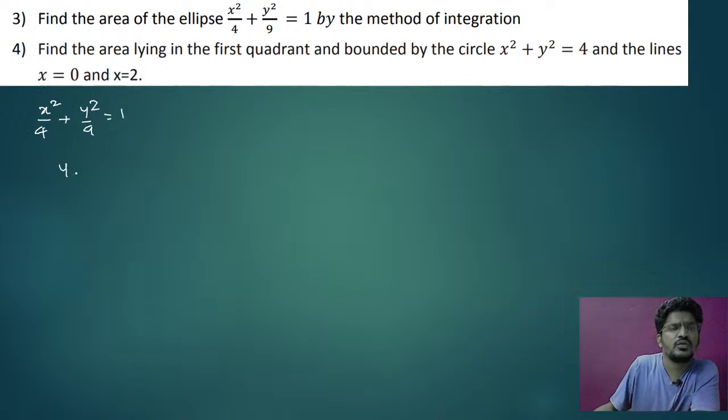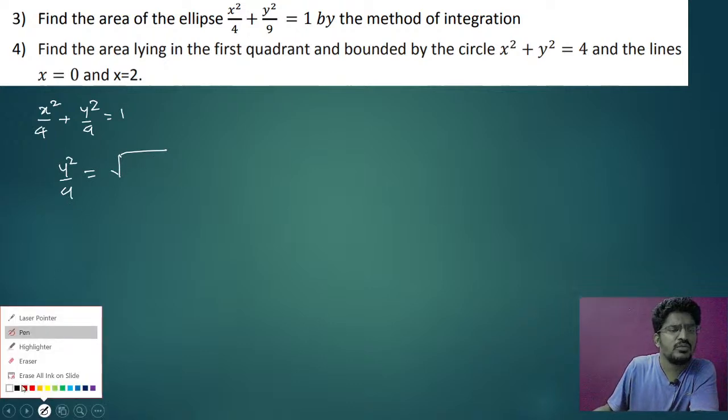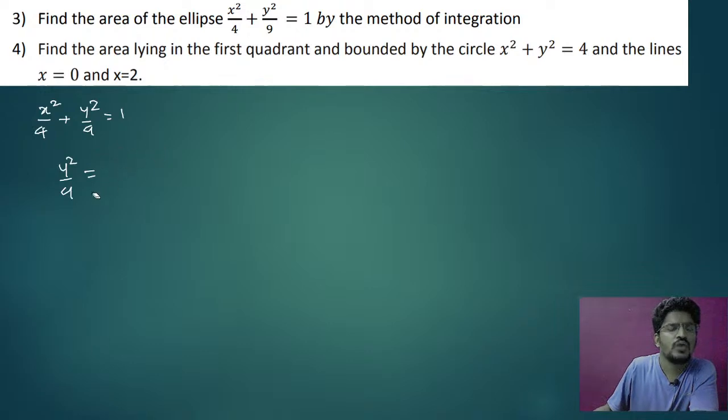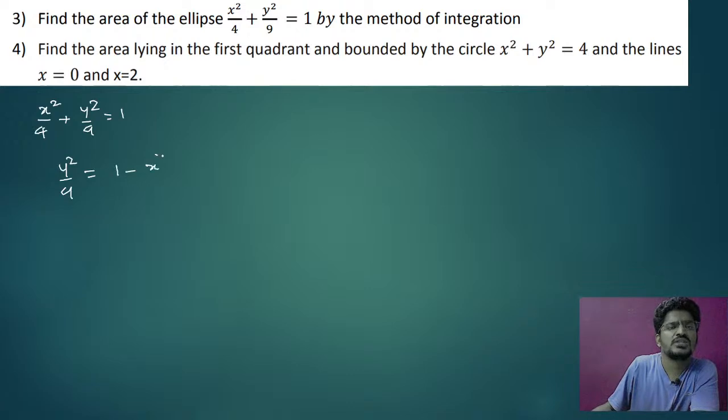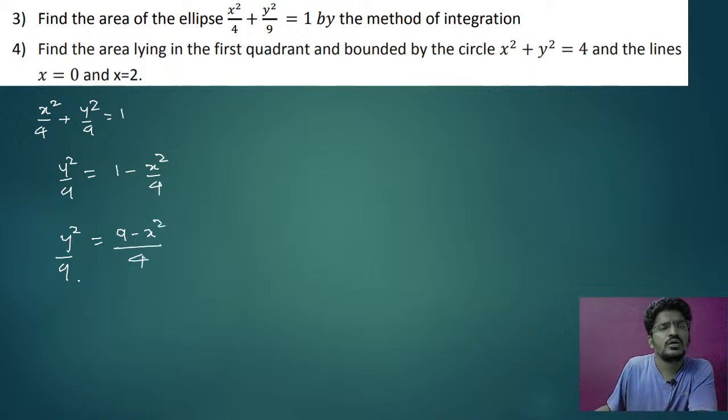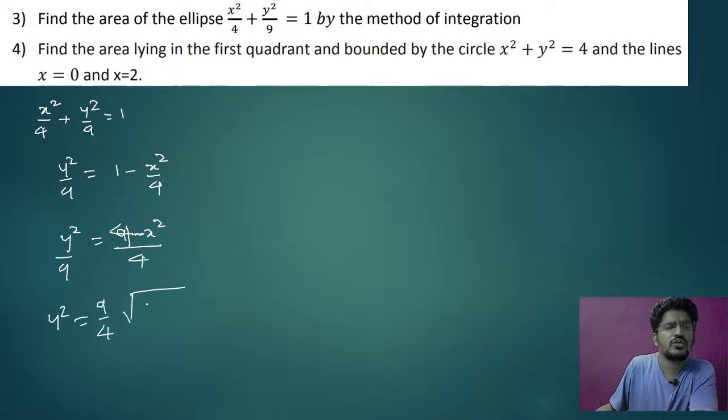Next you are going to get y square by 9 equal to 1 minus x square by 4. So y square by 9 will be 4 minus x square by 4, so y square will be equal to 9 by 4 times (4 minus x square).